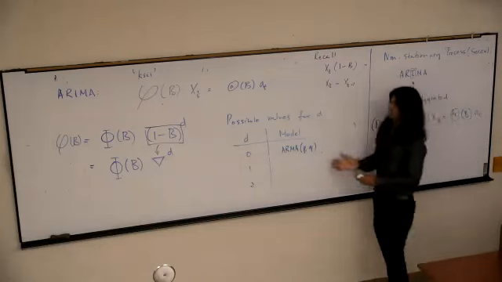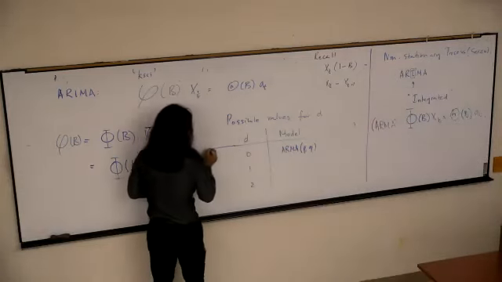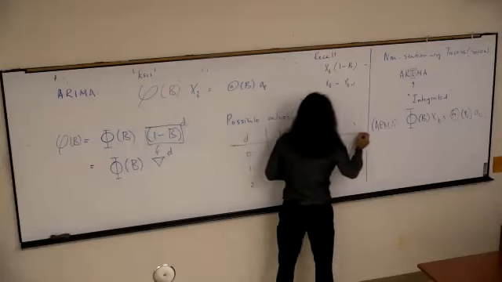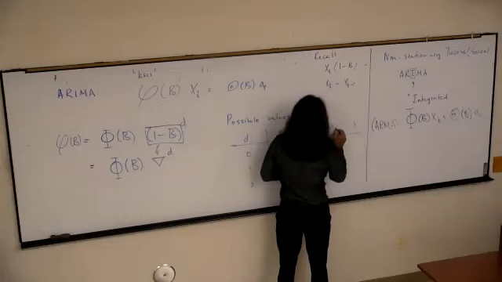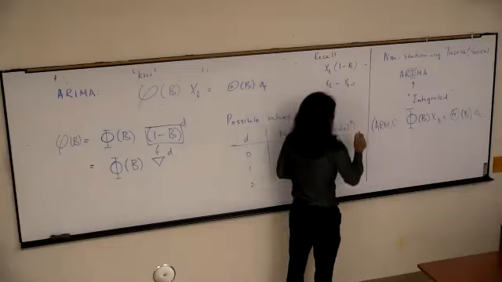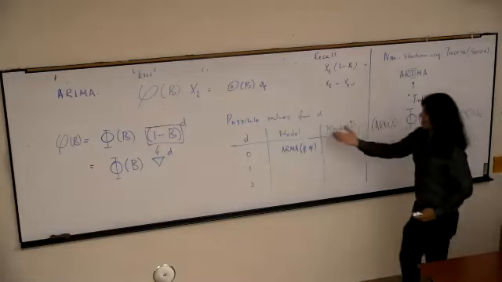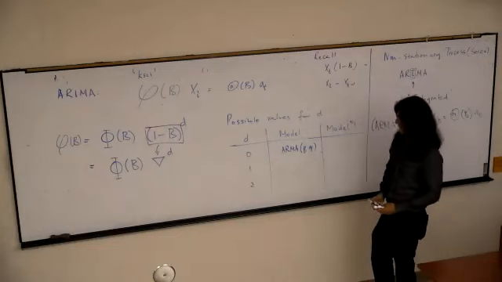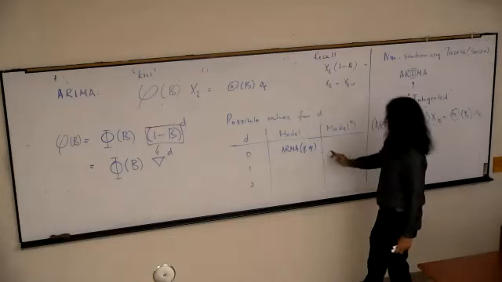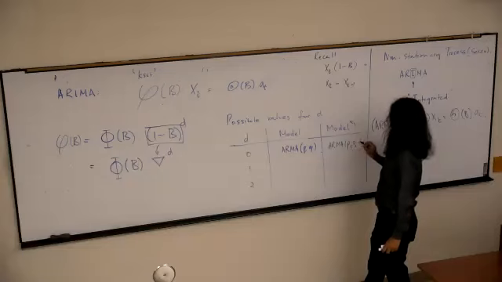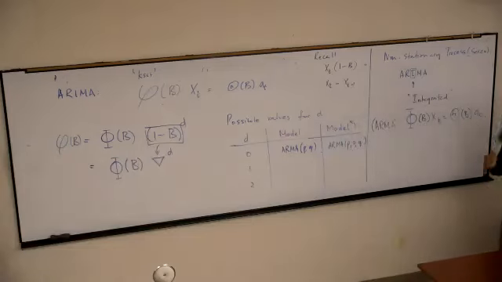Good. When we write it over here, put model star because all I'm doing is giving it a name. ARMA(p,q) is the same. ARMA(p,0,q). Good.